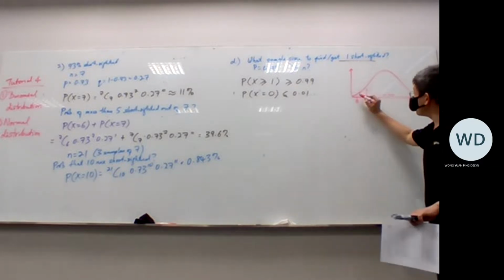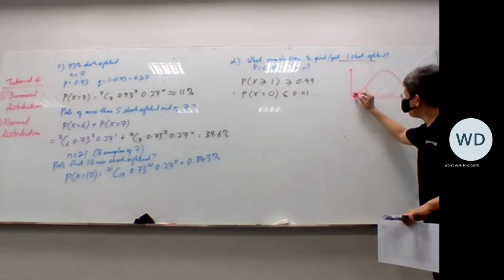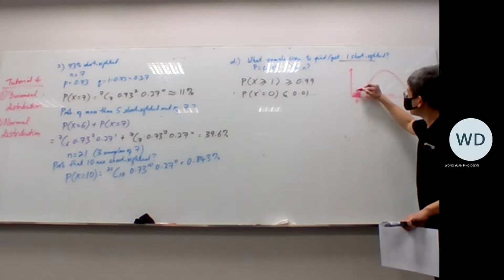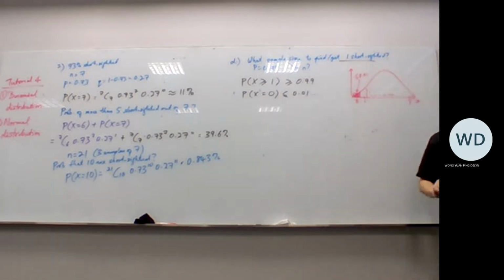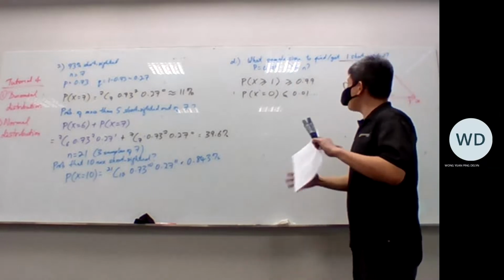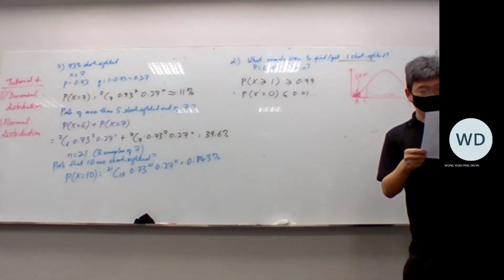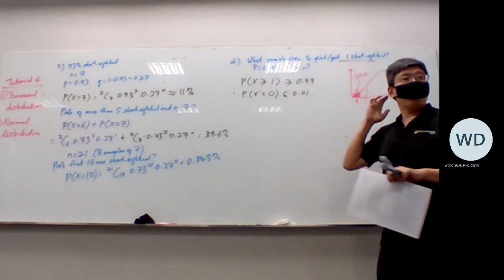But all you know is this area, this shaded block, is less than or equal to 1%. The rest is more than or equal to 99%. So once you have it, it makes your life a lot easier already. You just put in the binomial equation.